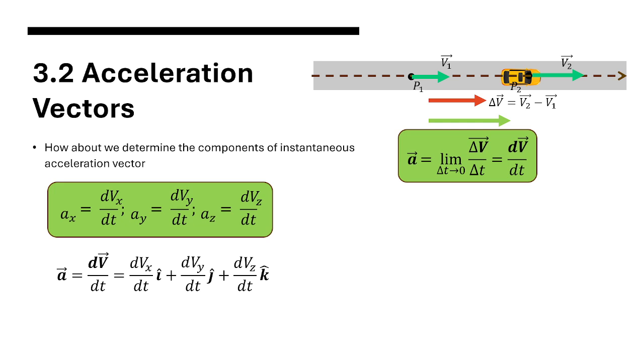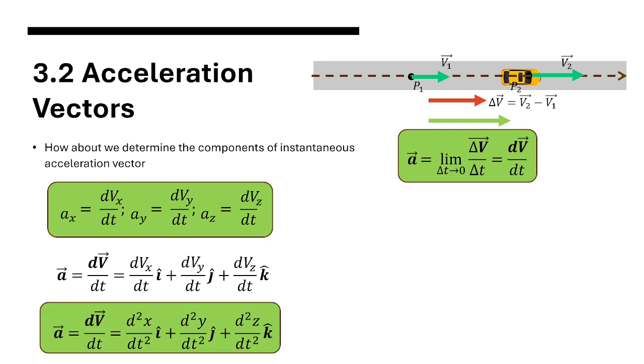We also have a final form of this, which is this one. If we're going to use the position, the position equations were derived two times. Recall that from the first example, we derived the position equations x and y to get Vx. Now we are dealing with acceleration, which means we're going to derive that again.